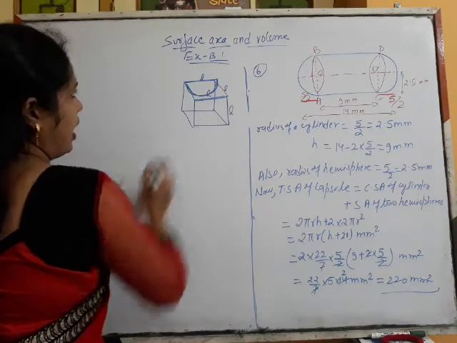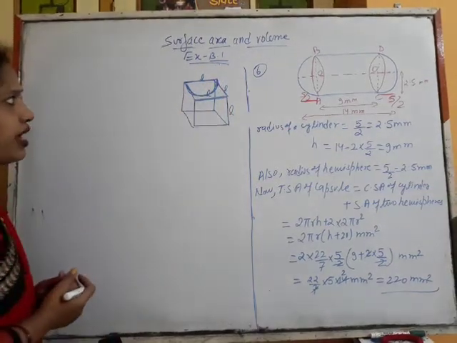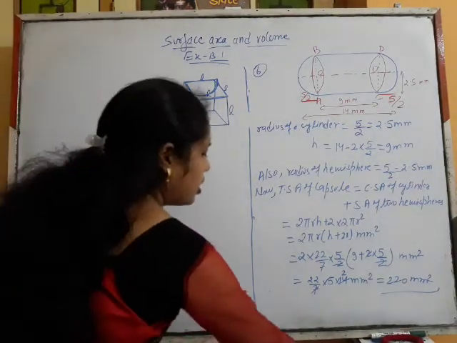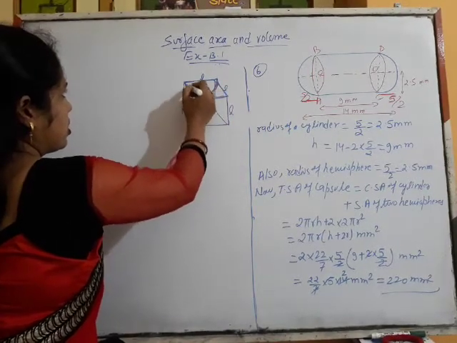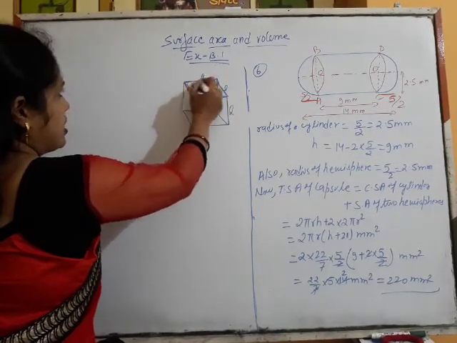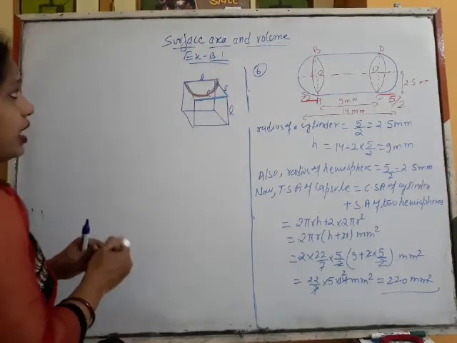So this is also L. So in this way, the diameter of the hemisphere is also L. Let me mark it with another color. So this is the hemisphere. Okay, so its diameter will also be L.